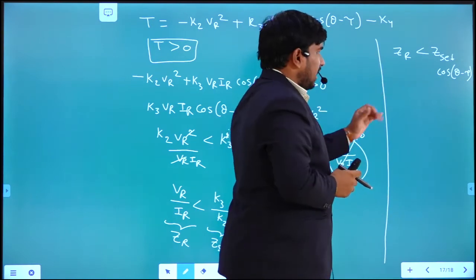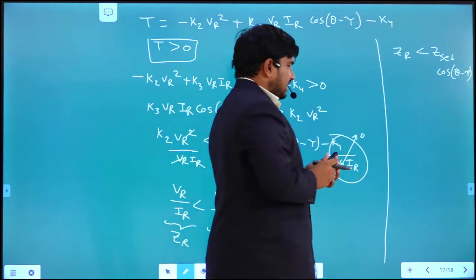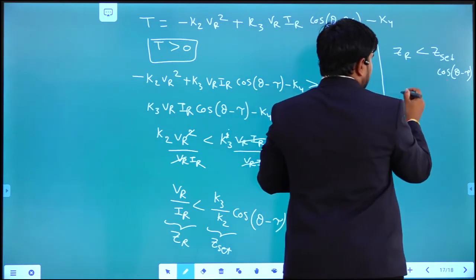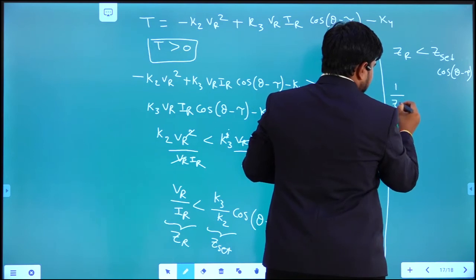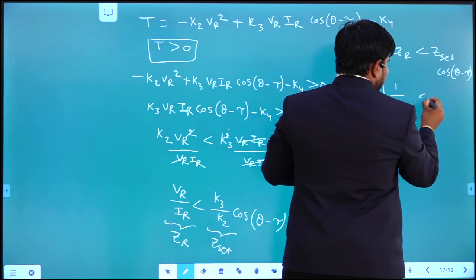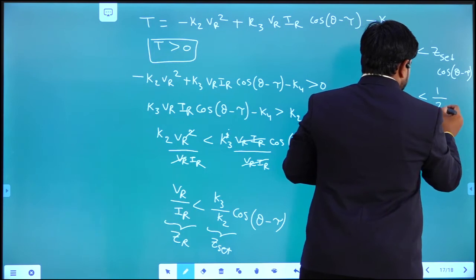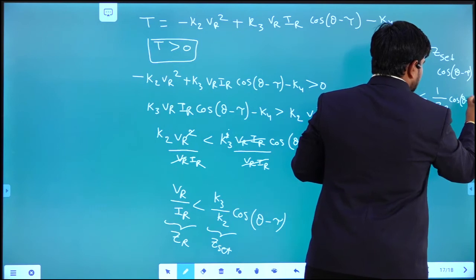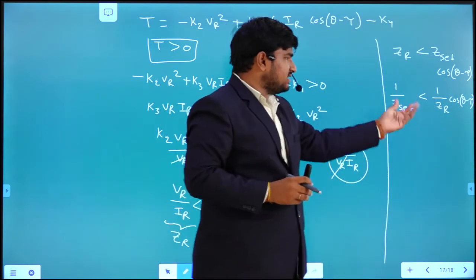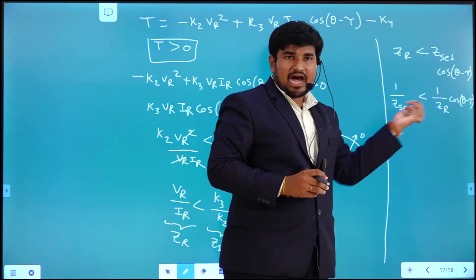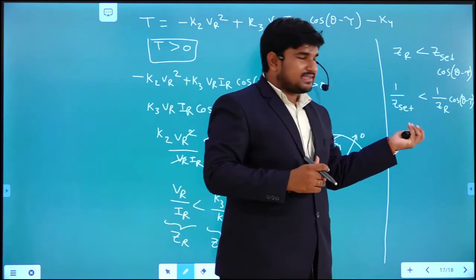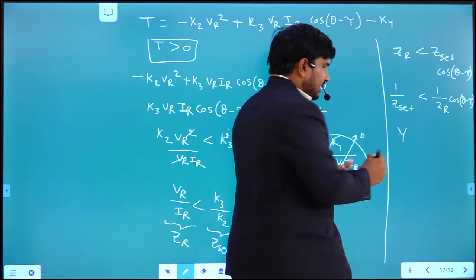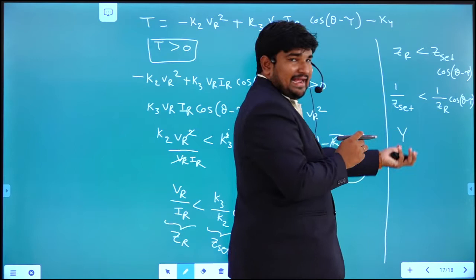Now I am rearranging the terms. Let us observe here. By rearranging, 1 by Z set is less than 1 by ZR into cos of theta minus tau. I am just rearranging the Z set value and ZR value. So this looks like the inverse of impedance, which is nothing but admittance, right?